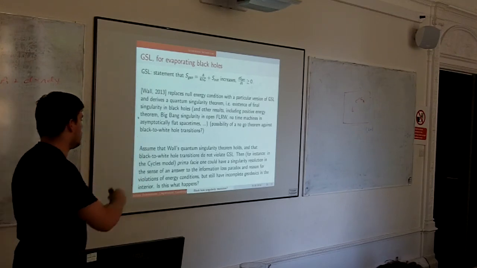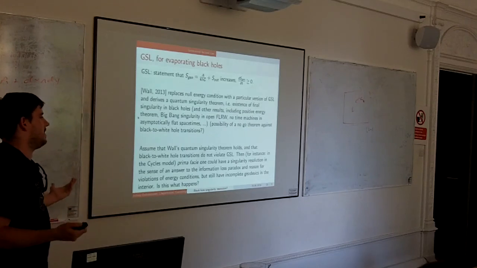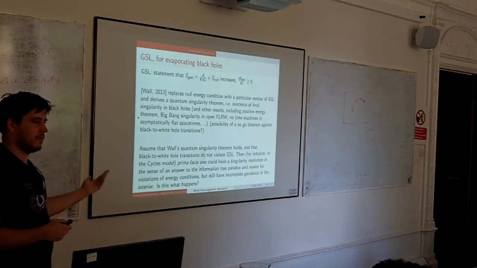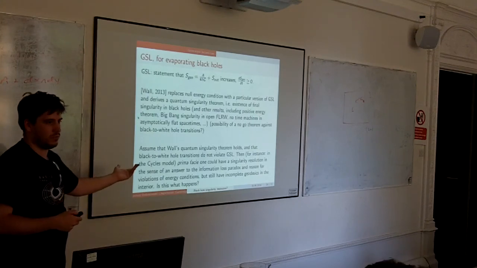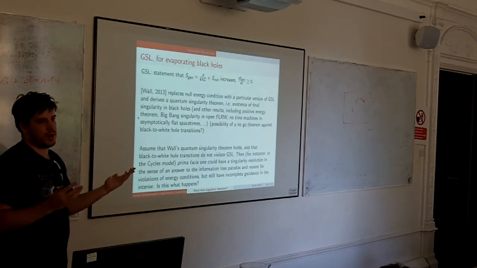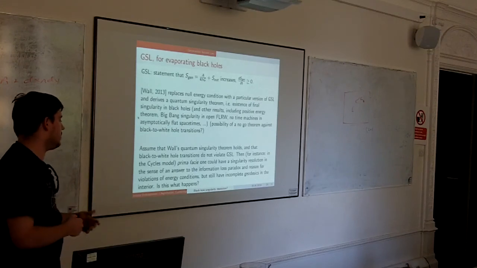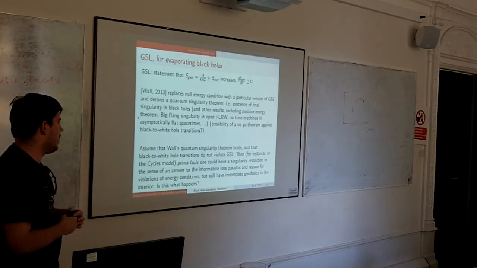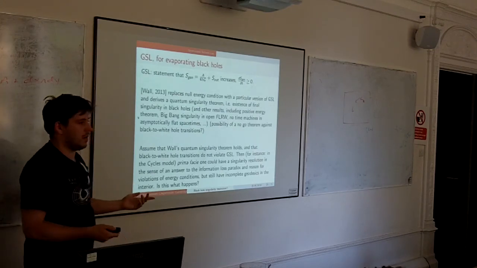system which transitions between black holes and white holes, we could have something like an answer to the information loss paradox, and we would have the reason, or perhaps hand-wavy, but a reason for violating premises of classical singularity theorems, in particular the null energy condition, but we could still have incomplete geodesics in the interior.